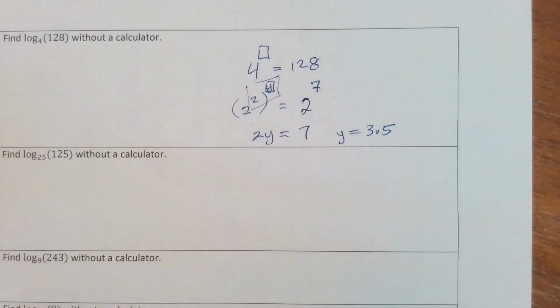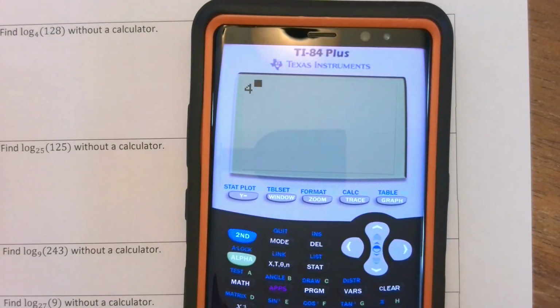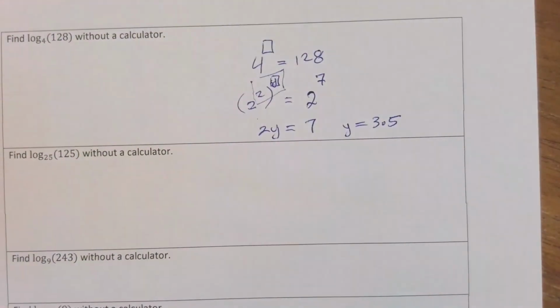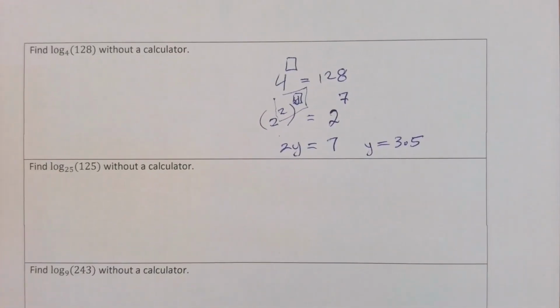And you can try that on your calculator. Let's see. What's 4 to the 3.5 power? 4 raised to the 3.5 power is 128. Okay. I'm going to do that the same way for this problem.